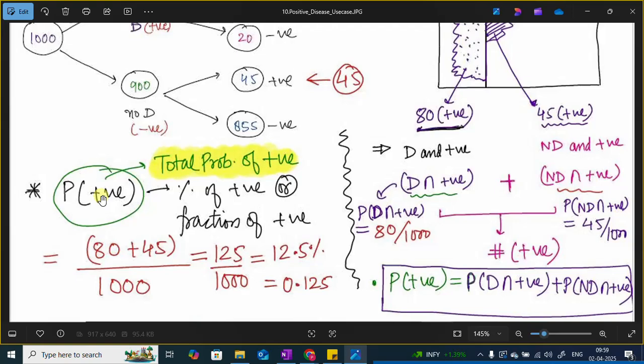If I find the probability, it will become 0.125. This is the percentage or probability of people having positive cases. Then if I subtract 12.5 from 100, it will come around 87.5 people having no corona disease, meaning COVID negative. Clear, guys? Any doubt so far?